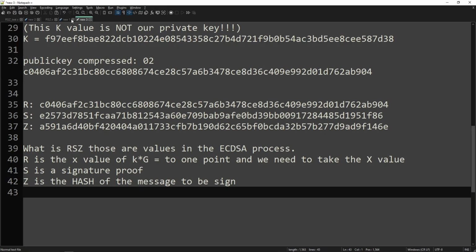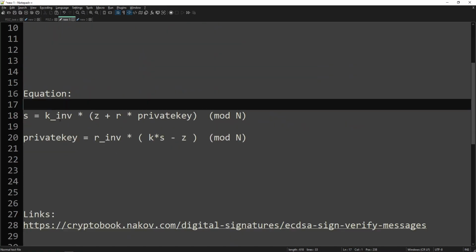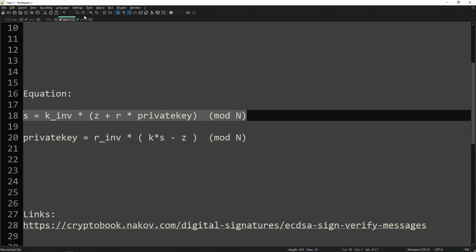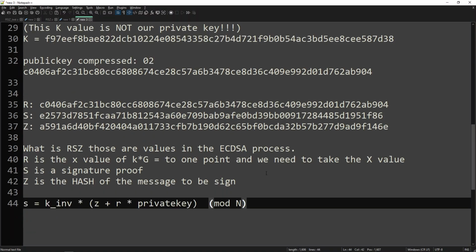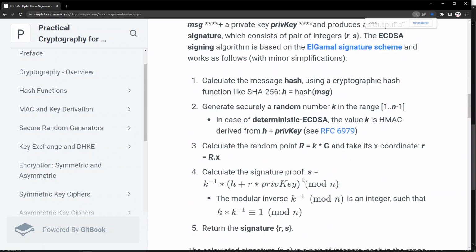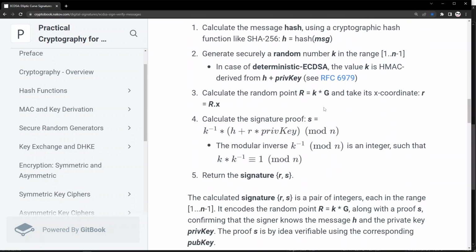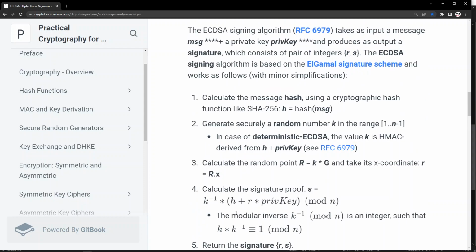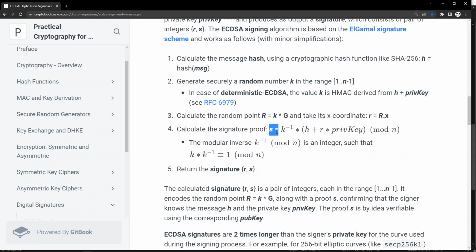I already have written it here. So this is the equation. So what's happened? This equation has some values. Let me amplify this part. This has the previous K value, but in its inverse value.